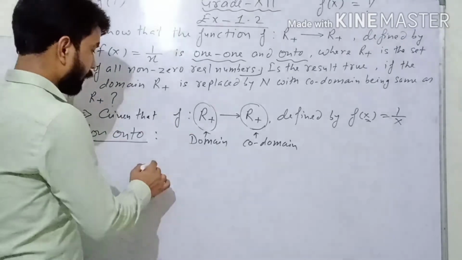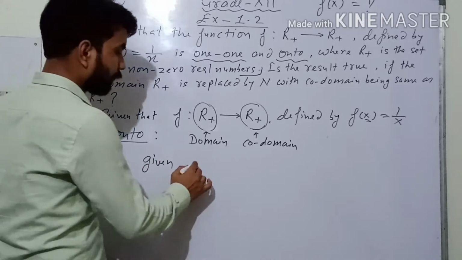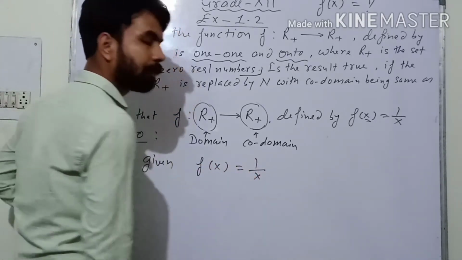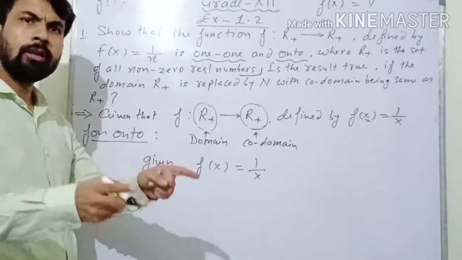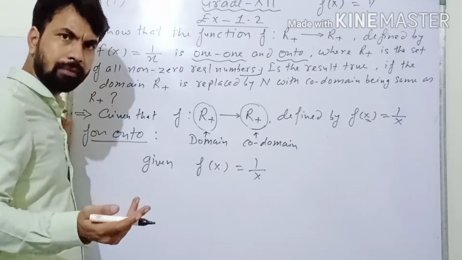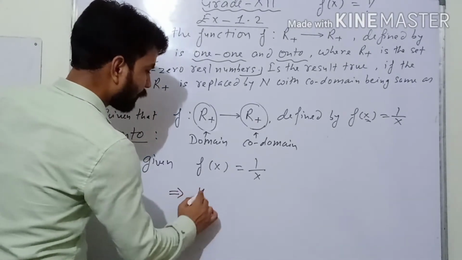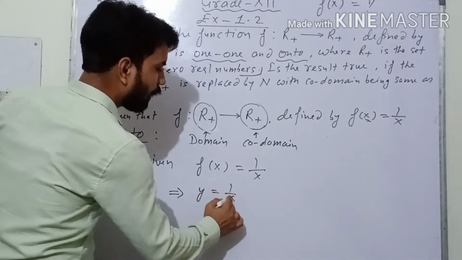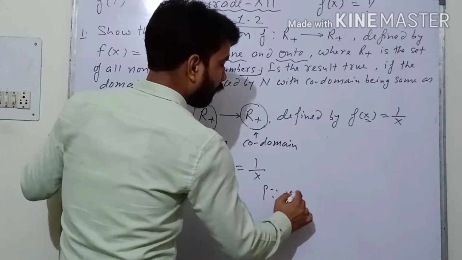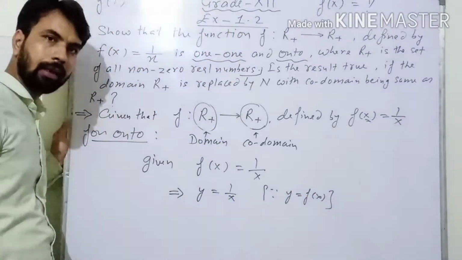So see, what is given here? f(x) is equal to 1 upon x. I told you in the previous lecture, we will consider f(x) as y. So y equals 1 upon x, since y equals f(x).